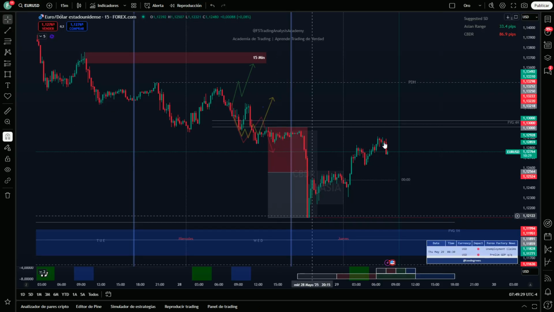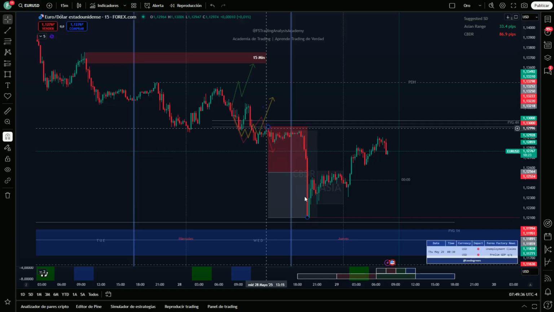On the 1-hour and 15-minute charts, as well as the 4-hour retracement. So, given this context, we need to see which projections we'll use for today's New York trading session. As you know, our trading is always based on projections.